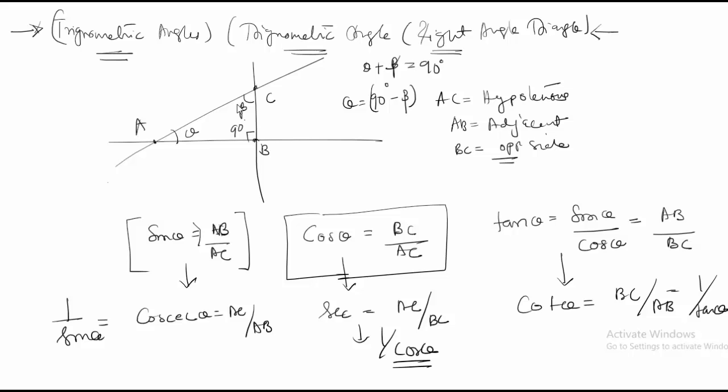So my sine theta will be equal to sine of 90 degrees minus beta, which will be equal to cos beta.